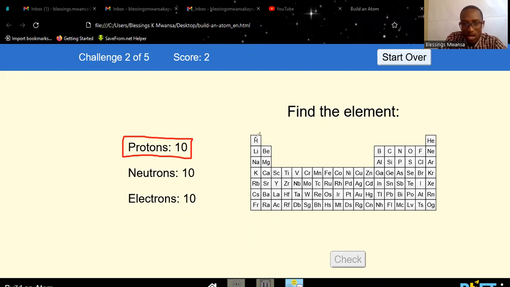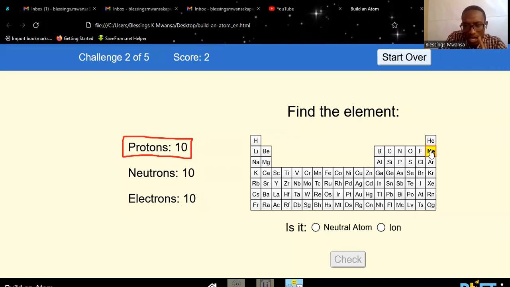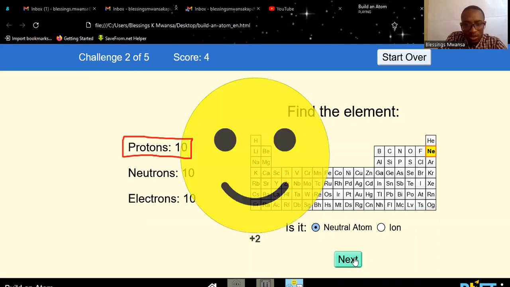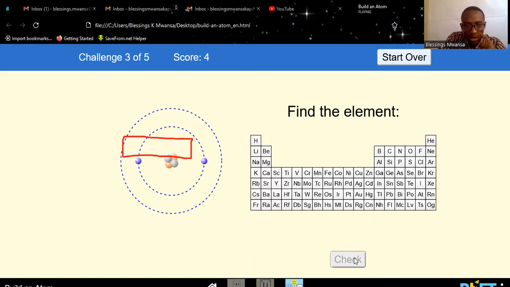You count 1, 2, 3, 4, 5, 6, 7, 8, 9, 10. And the 10th one is neon. And the question is, is neon an atom or an ion? What guides you is if the proton number is equal to the electron number, then what you're dealing with is a neutral atom. And that is correct. We go to the next question.